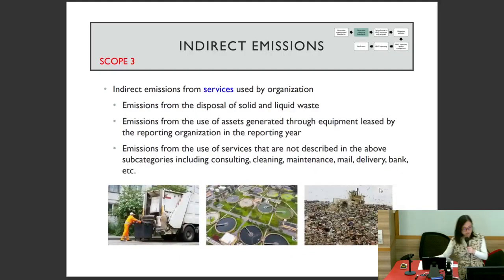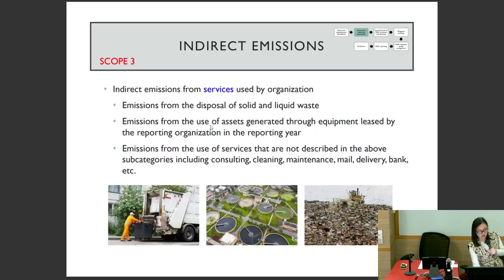Indirect emissions from services used by the organization: emissions from disposal of solid and liquid waste, so the waste that you throw away, municipal solid waste, liquid waste. And emissions from the use of assets generated through equipment leased by the reporting organization in the reporting year.